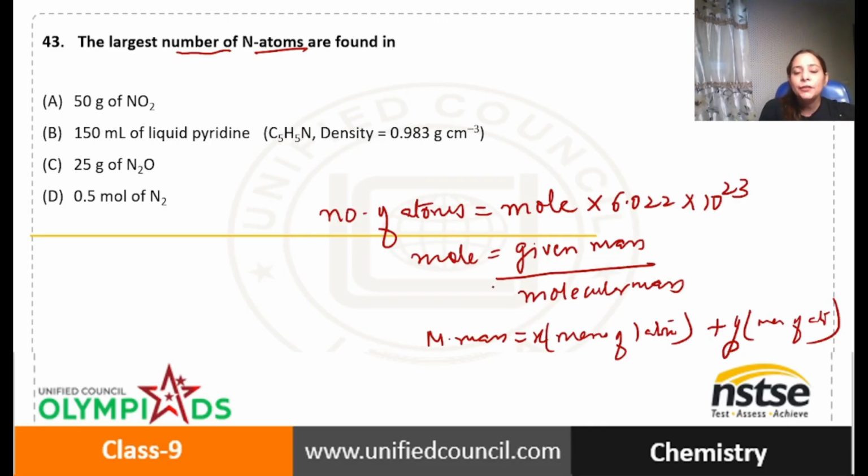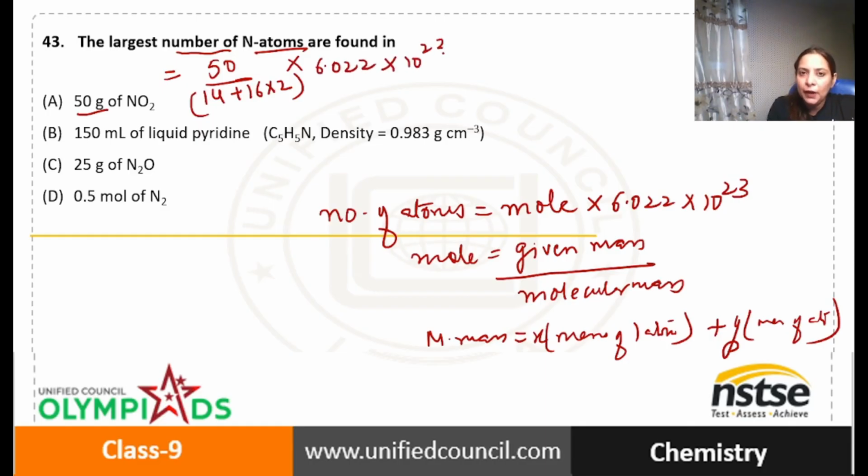So if you find for 50 grams of NO2, the calculation would be mass 50, molecular mass 14 plus 16 into 2, into Avogadro's number, that is 6.022 into 10 raised to power 23.